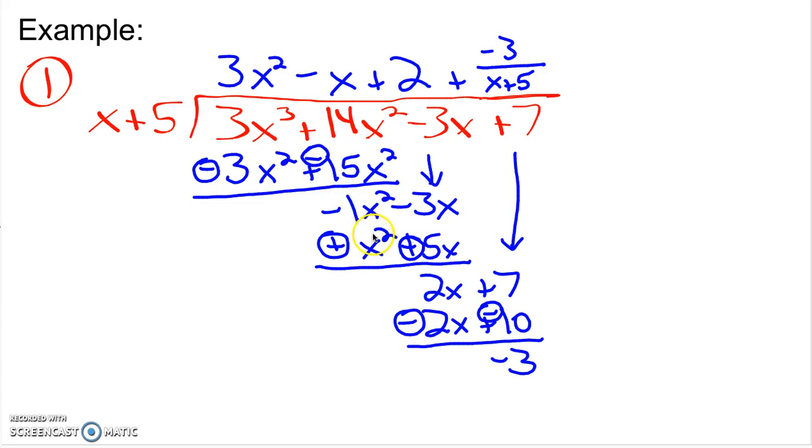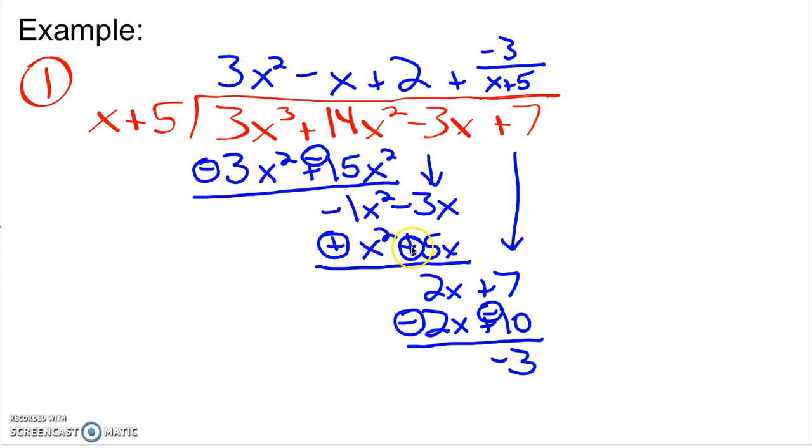That makes this come out to negative 1x squared. I brought down a negative 3x, and I divided again. X times what will give me negative 1x squared. I need negative x, because when I multiply this times my divisor, I get negative x squared minus 5x.